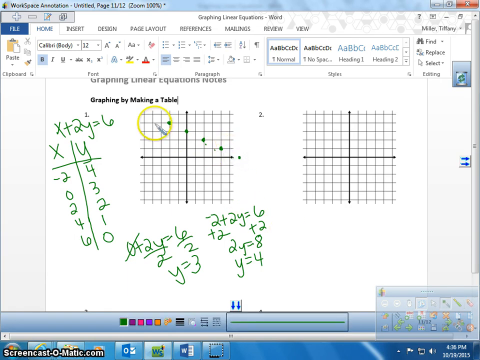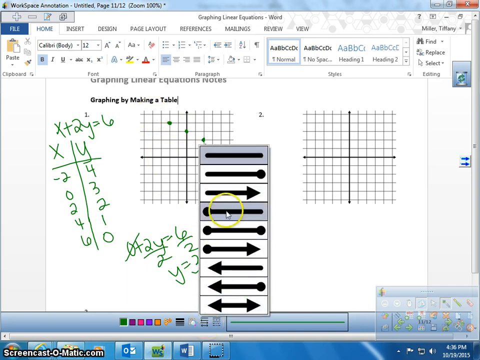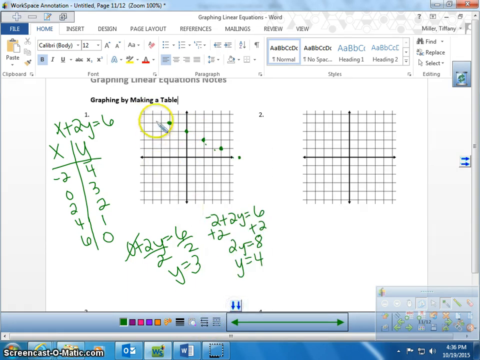And what do you notice? It makes a nice straight line, and you're going to connect it and put arrows. Whoops, that's a crooked line. Put arrows on the end. And you're going to do the same thing for the next two.